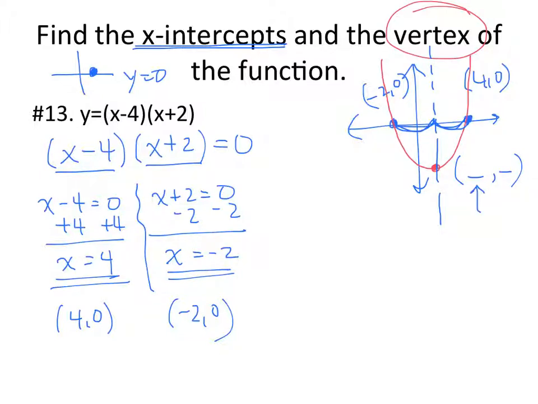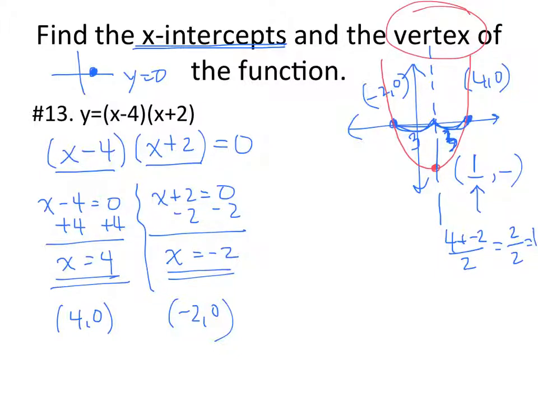I can add those two up: 4 plus negative 2, and then divide it by 2 to find that middle point. 4 plus negative 2 is 2, divided by 2 is 1. So my x-coordinate is going to be 1. And that's reasonable because from 1, negative 2 is 3 away, and 4 is also 3 away.